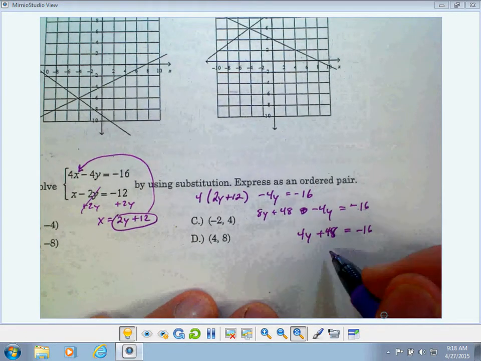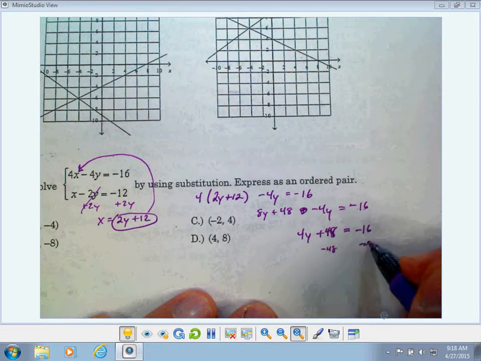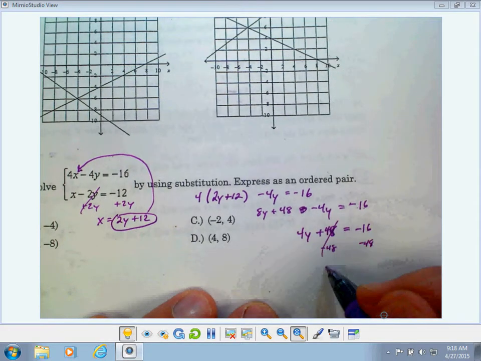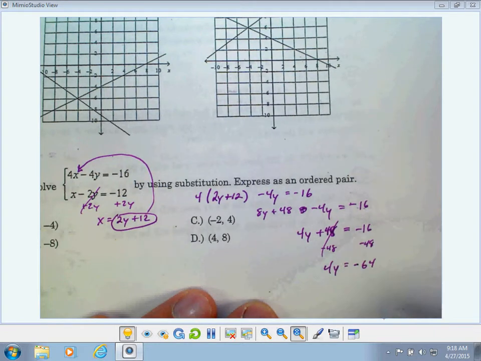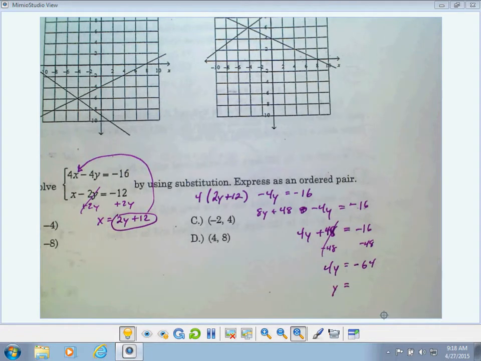I subtract the 48 away and I get 4y equals negative 64. I think, yep, negative 64. And then I divide by 4. Something looks to me like I made a mistake there. Let me see if I did.